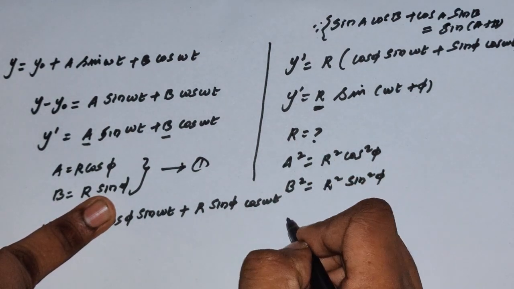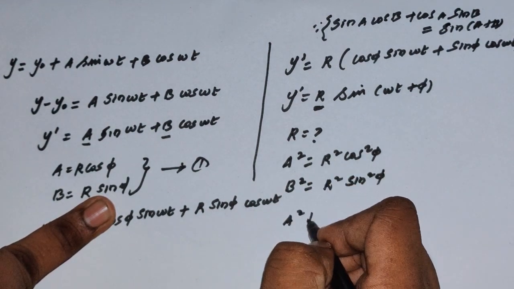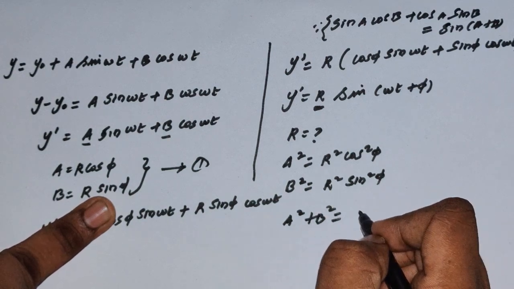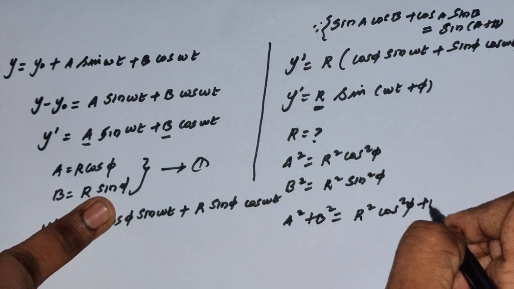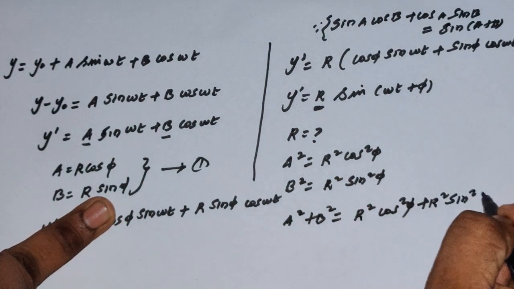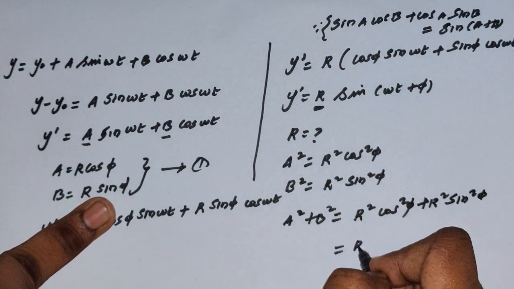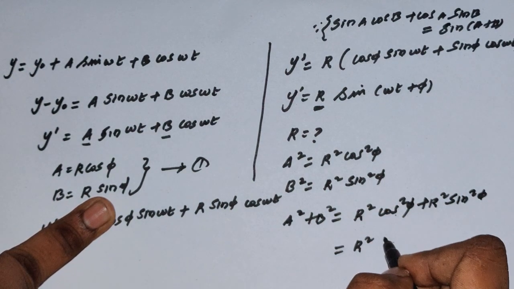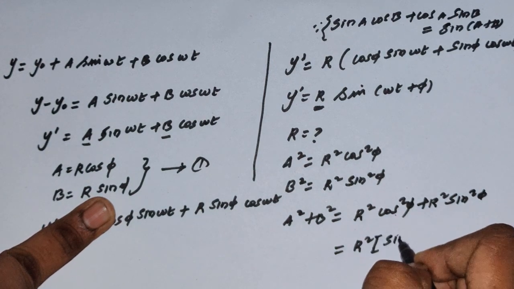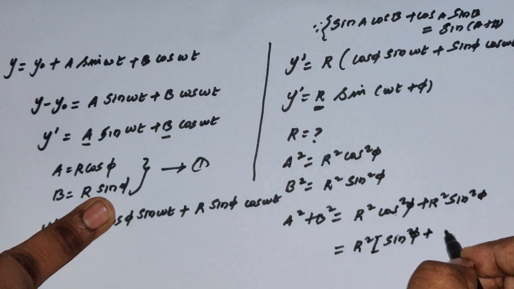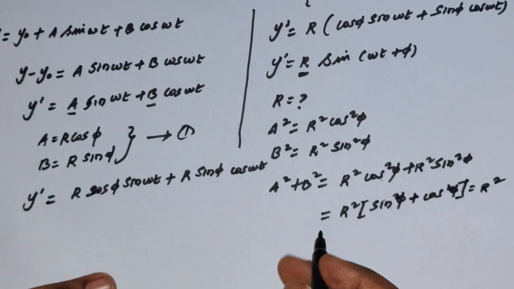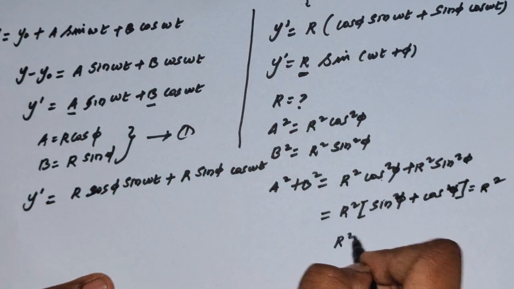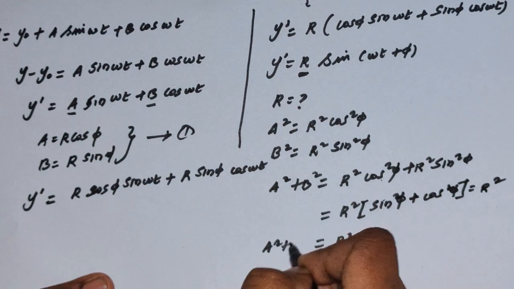If you sum these two, the left hand side is a square plus b square, and the right hand side is r square cos square phi plus r square sin square phi. Taking r square common, cos square phi plus sin square phi equals 1, so it is simply r square. Hence r square is equal to a square plus b square.